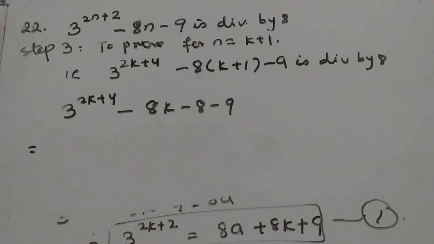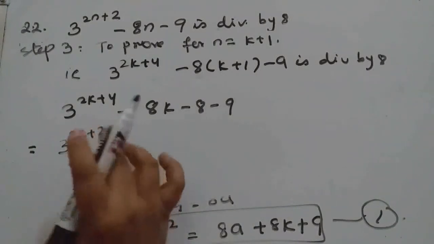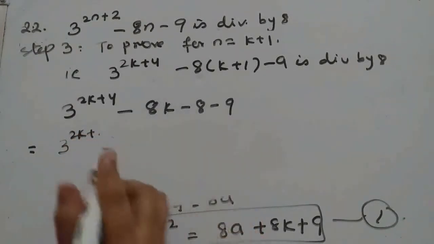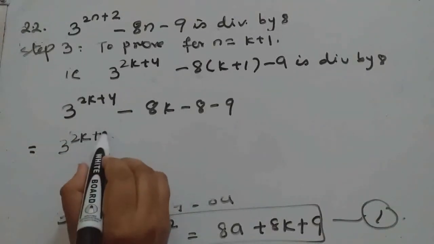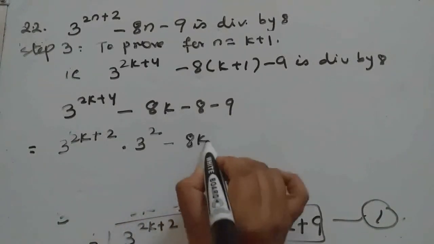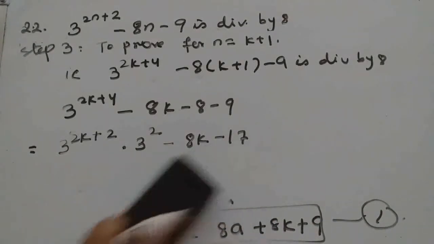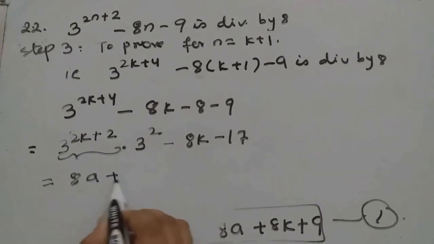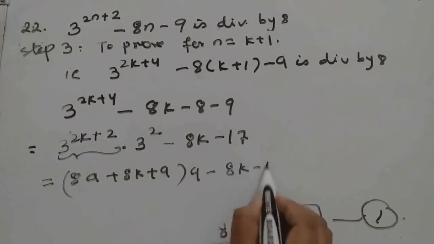Now we have to make use of this term. So 2k plus 4. How we can write in terms of this? See, 2k plus 2, okay, and then square. So now see, this we can write in place of this 9 into 8a minus 8k minus 17.